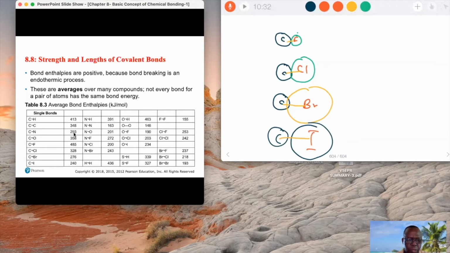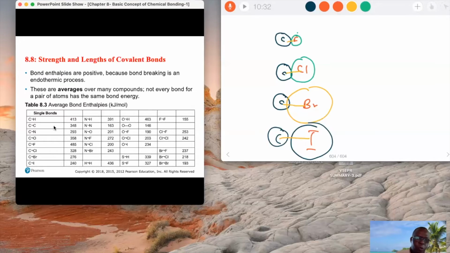So it has to do with how the atomic radius changes based on what we were given earlier. I don't want you to memorize this and say maybe 276 for carbon bromine. The question here is about just a general trend: when you are given this, how is it changing as you go down the group? If you look at this bromine, as we go down the group it keeps on increasing, and you see the trend is following the same pattern.